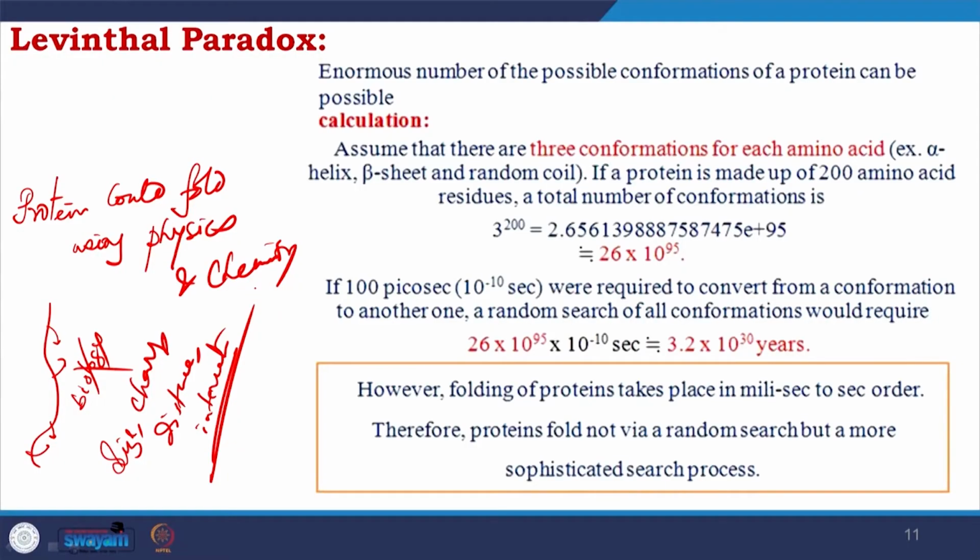So, the total number of conformations is 3 to the power 200, which is equal to 26 into 10 to the power 95.